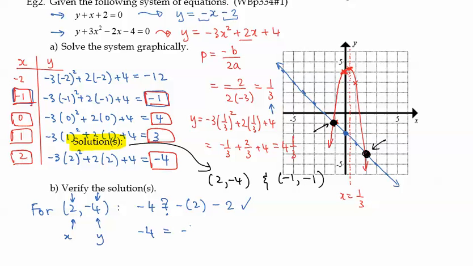Y equals negative 3x squared plus 2x plus 4. Substitute both x and y again into the second equation. And I want to make sure that the left-hand side and the right-hand side equal each other.